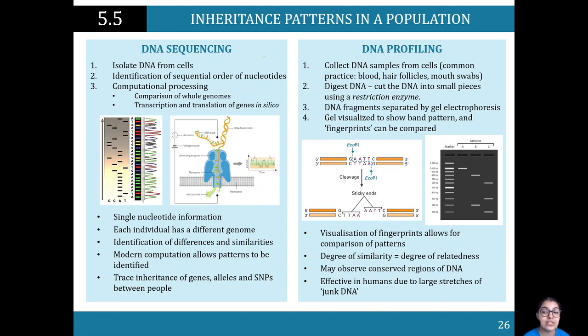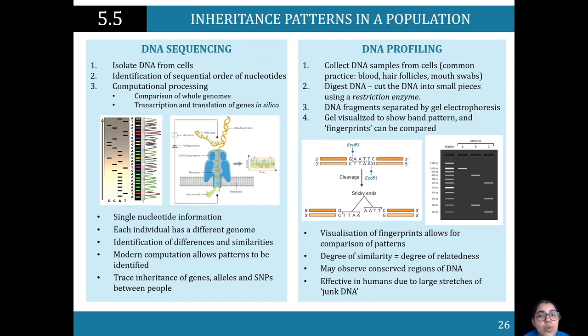And so, as a result of this, we get a lot of information. We get information surrounding single nucleotides and single nucleotide polymorphisms. So if there have been changes in single nucleotides, we also get information about understanding that each individual has a different genome, and we can use that to identify differences and similarities.